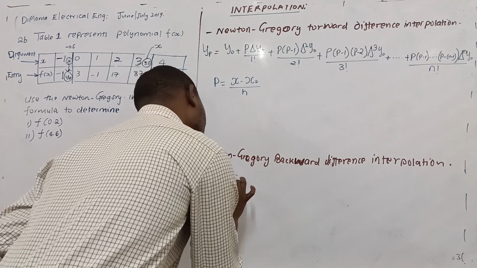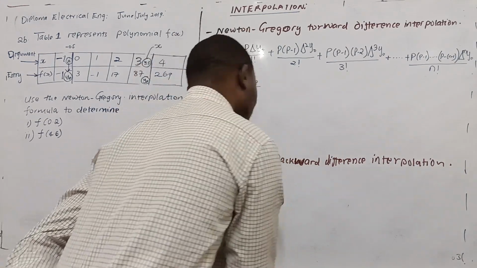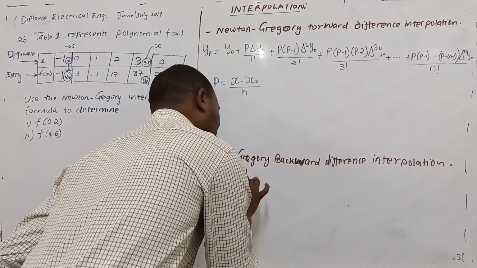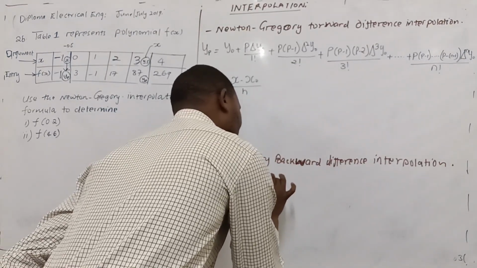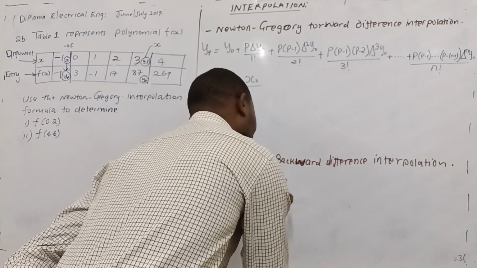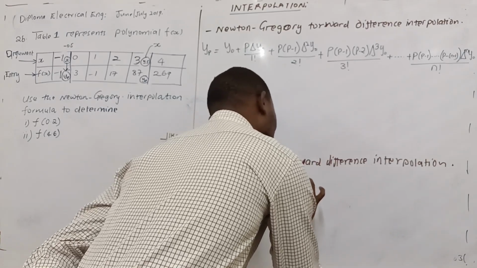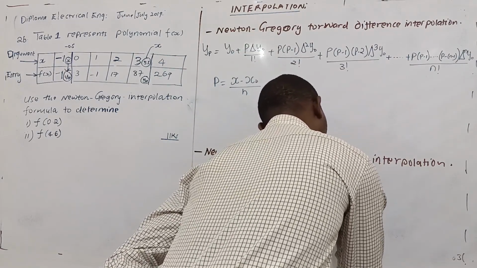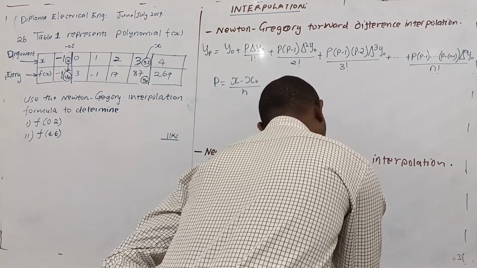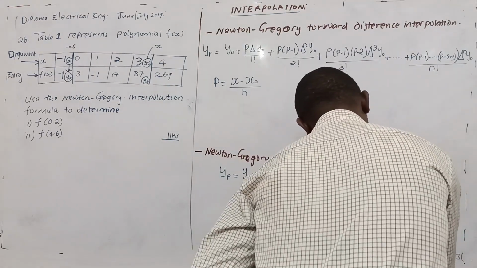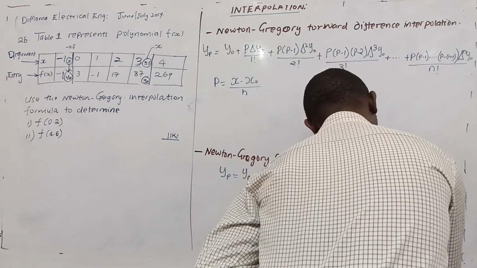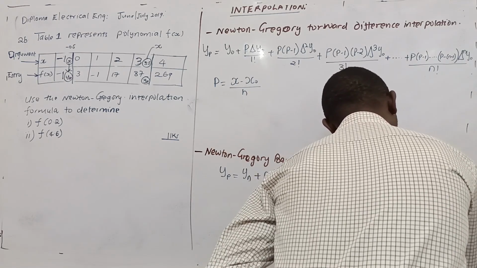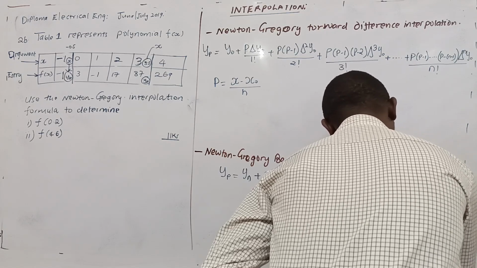YP will be equal to, for backward difference, Yn, not Y0 but Yn, plus P times the first backward difference of Yn over 1 factorial, plus P(P+1) times the second backward difference of Yn over 2 factorial, plus P(P+1)(P+2) times the third backward difference of Yn over 3 factorial.